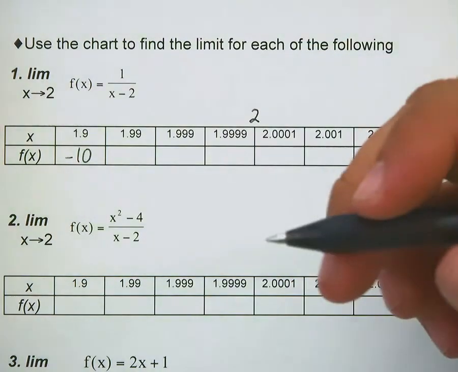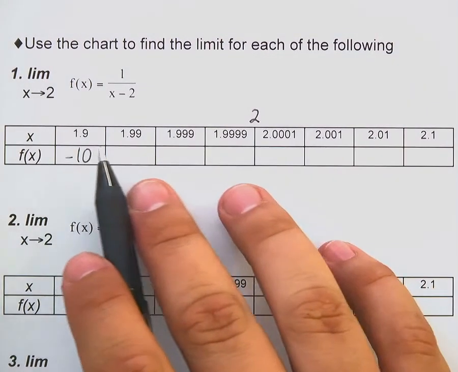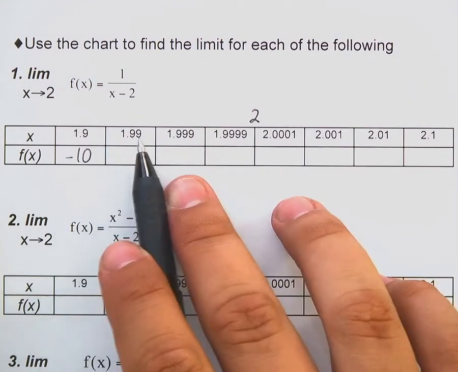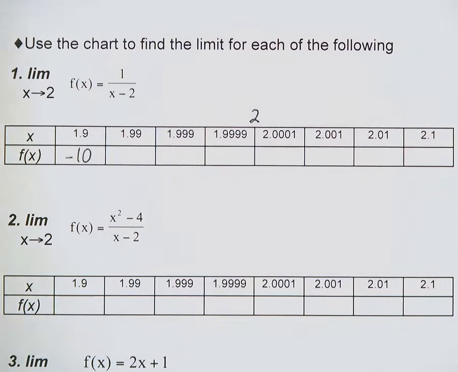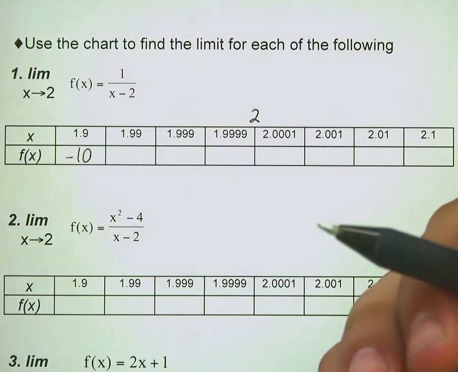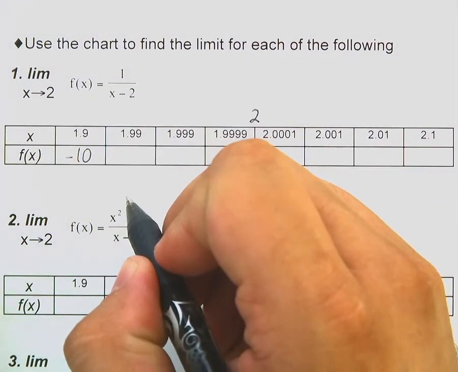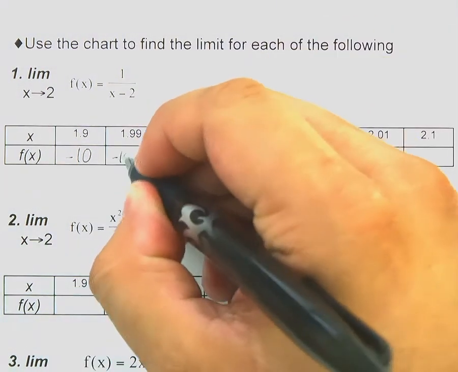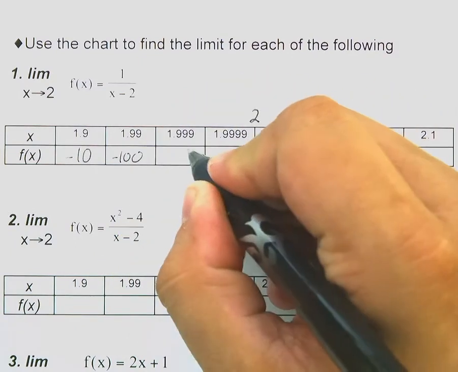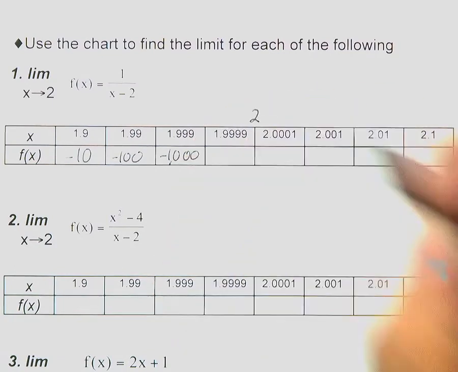You're going from the left and from the right. So you plug in a few points really close to 2: 1.9, 1.99, 1.999, and then you plug in a few points on the other side of it that are really close to 2. Plug in 1.99, you get -100. Plug in 1.999, you get -1000.